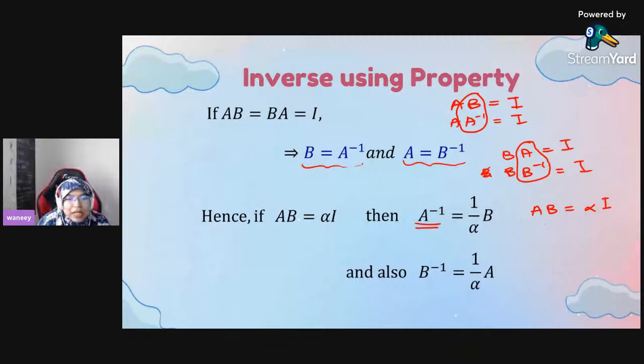So I will times with A inverse: A inverse AB is A inverse alpha I. A inverse multiplied with A is I, so this is exactly B, which is equal to alpha A inverse. We want to make sure we have A inverse as the subject, so A inverse will become 1 over alpha B.